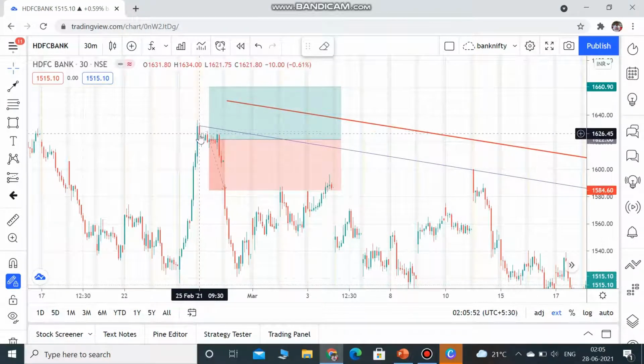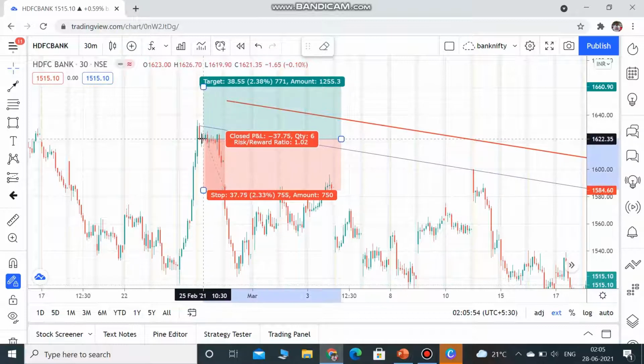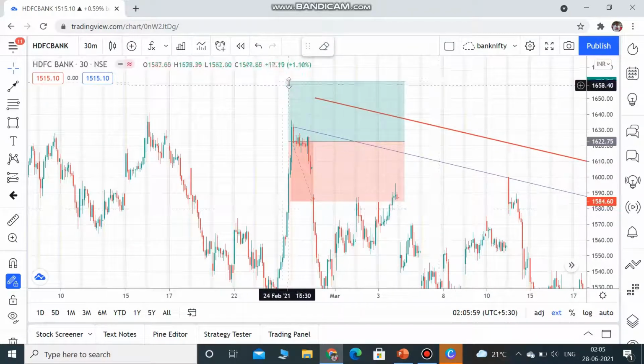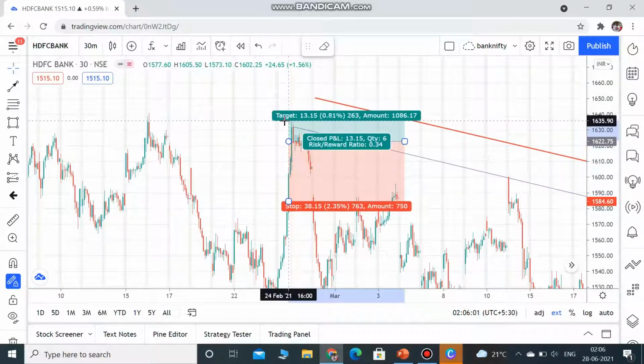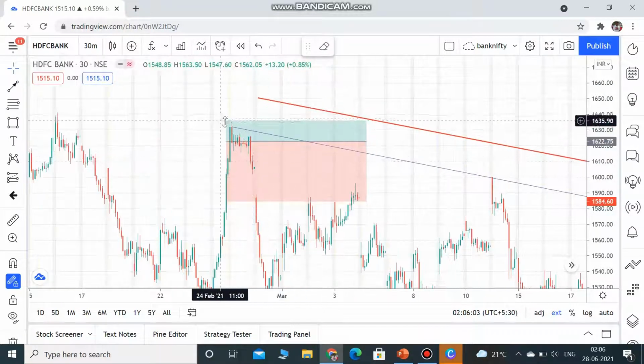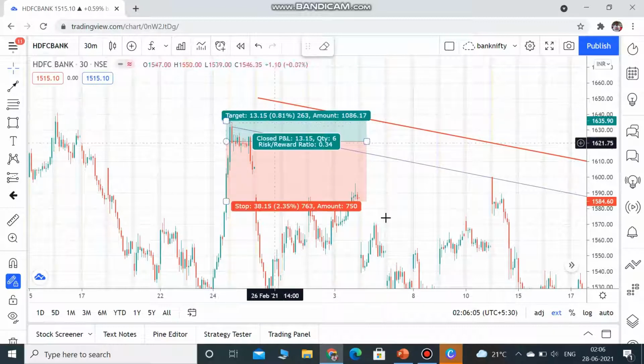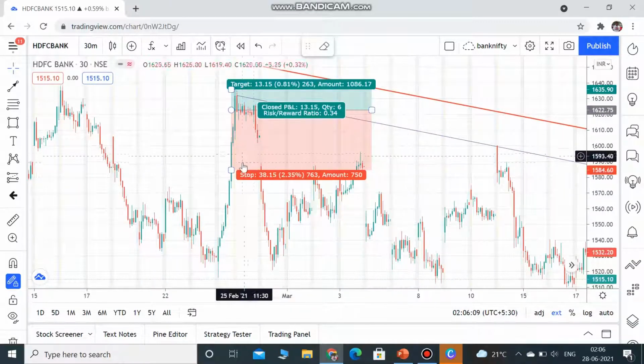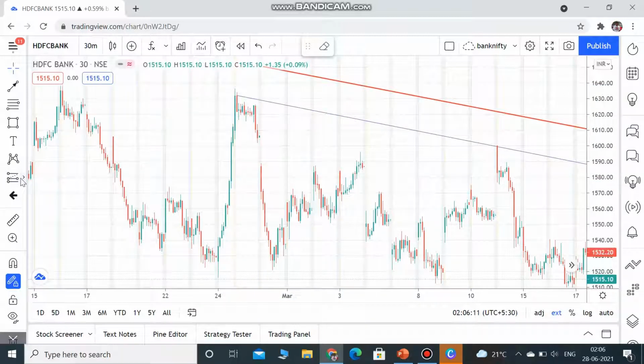So I let the position go down and then I'll take a short position, and the stop loss will be above it, the high of that particular trade. If it goes even higher, I'm not interested. Yes, this is for a short position.